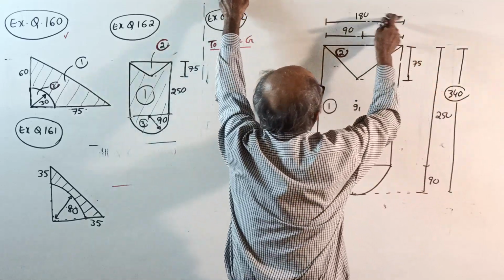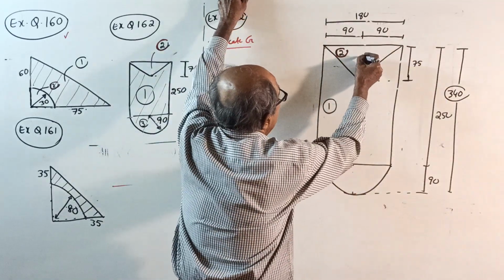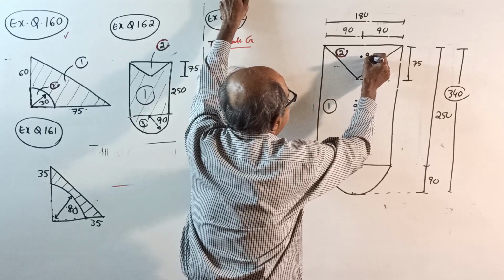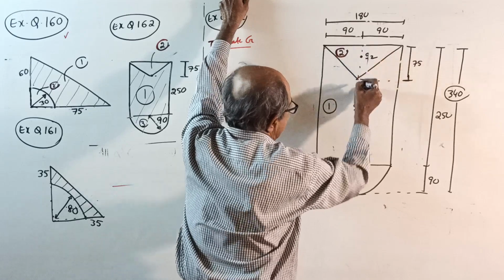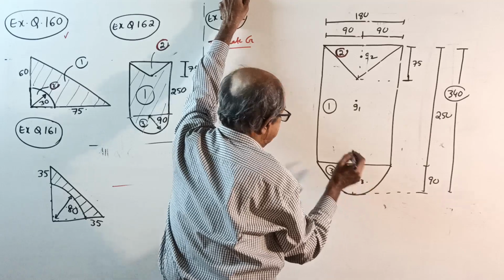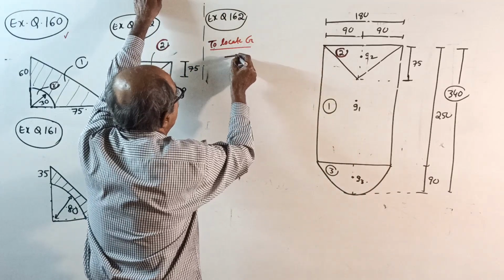Full 340, total 180. Okay, now over. See, G1, G2 in the same line, and same line G3.